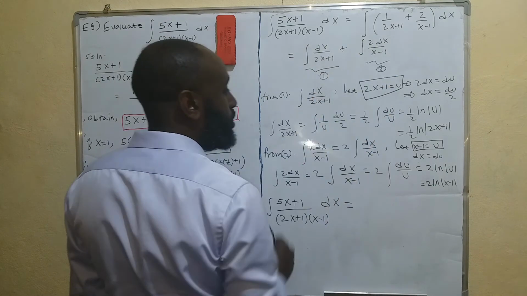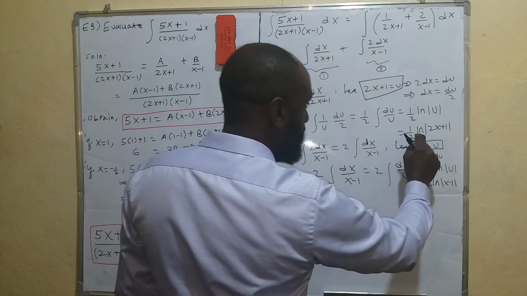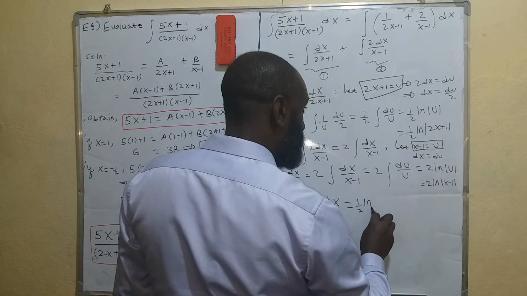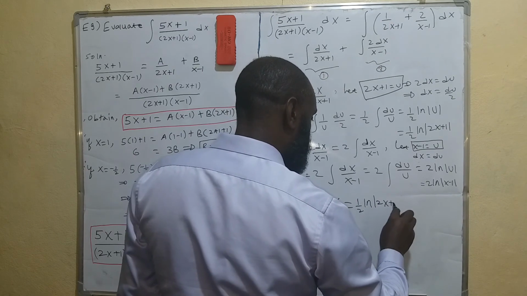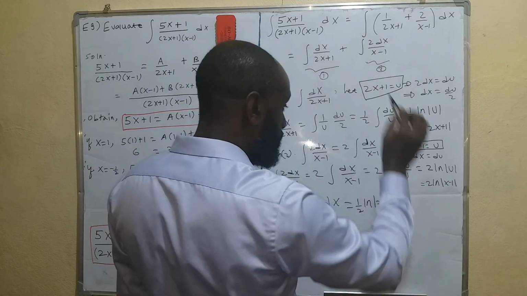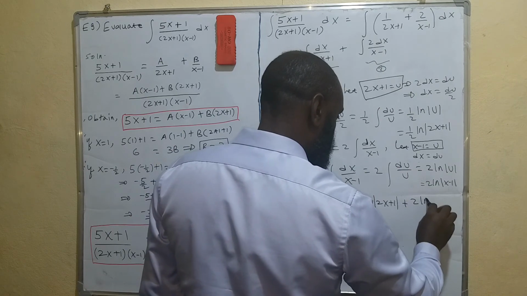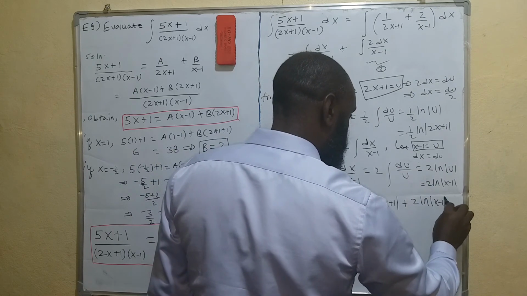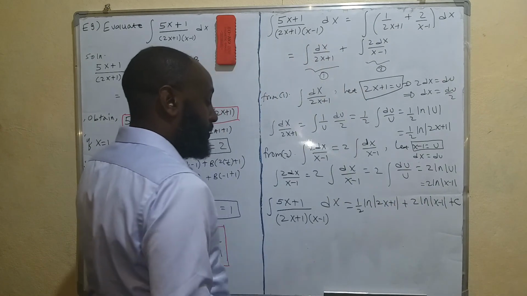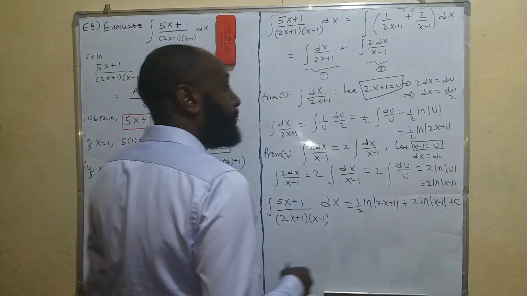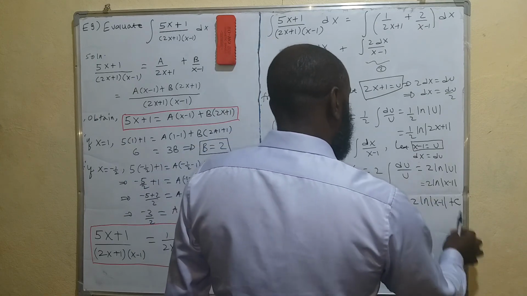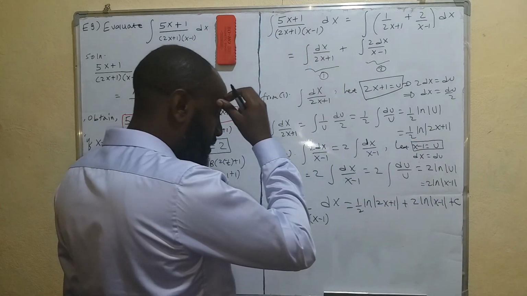The result of 1 is half of ln absolute value of 2x plus 1, plus the result of 2, which is 2 times ln absolute value of x minus 1, plus c. This c comes from the antiderivative. That c comes from the case of the antiderivative.